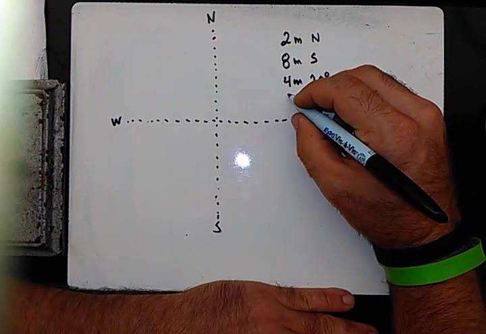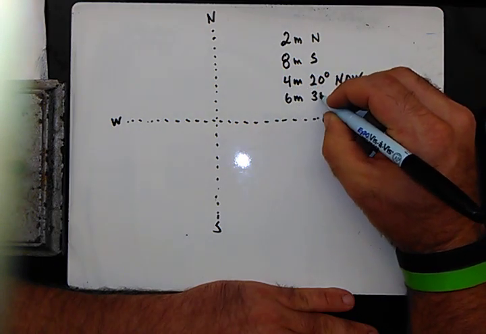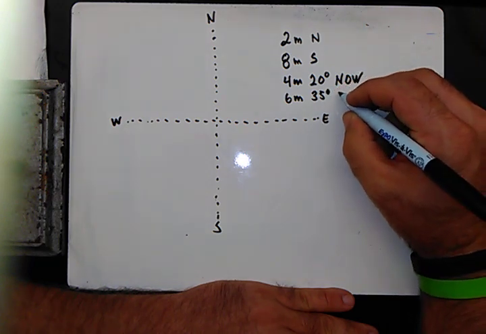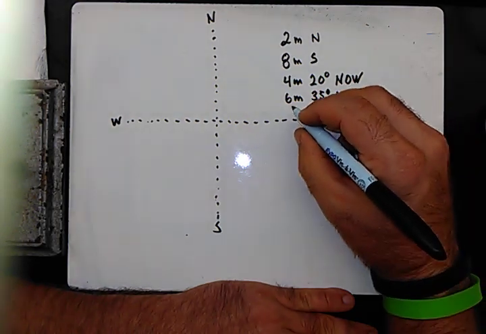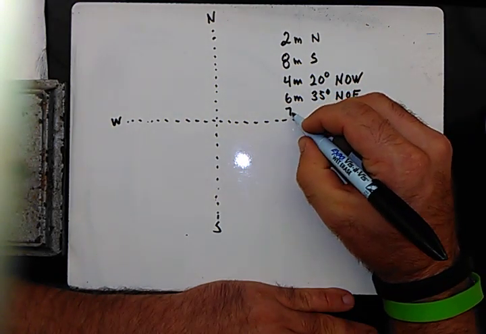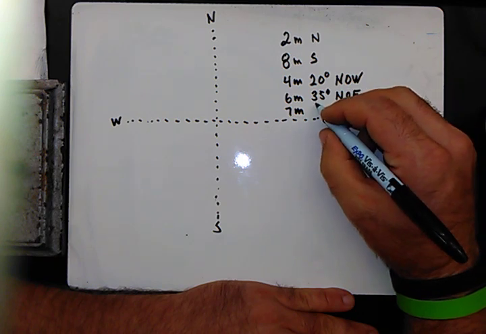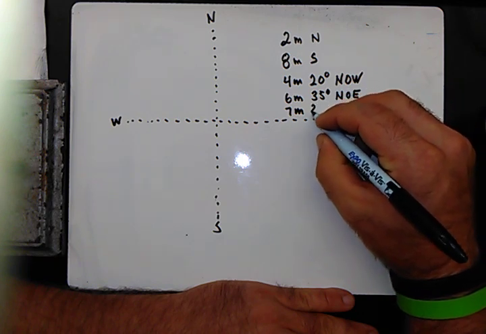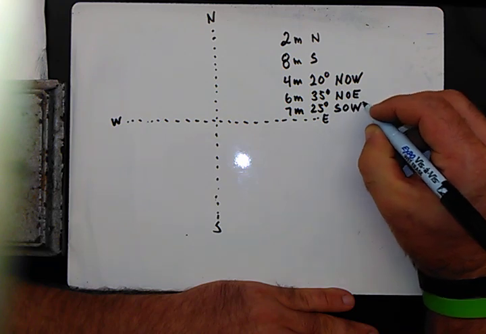Let's say we had 6 meters 35 degrees north of east. And let's put one more in there, 7 meters 25 degrees south of west.